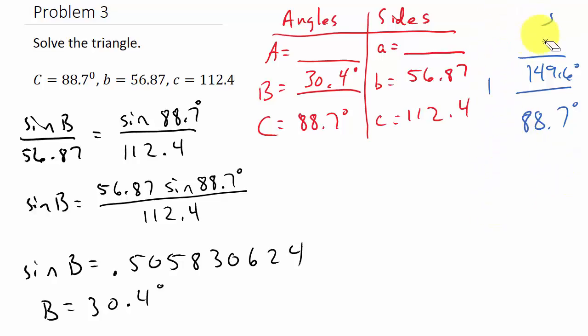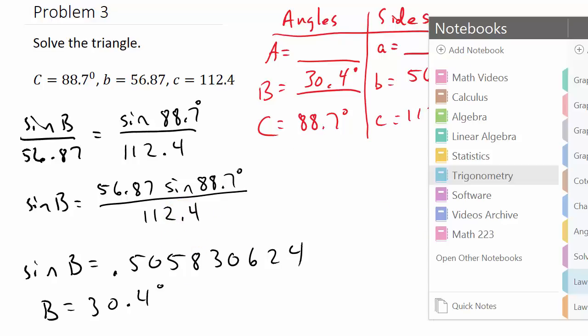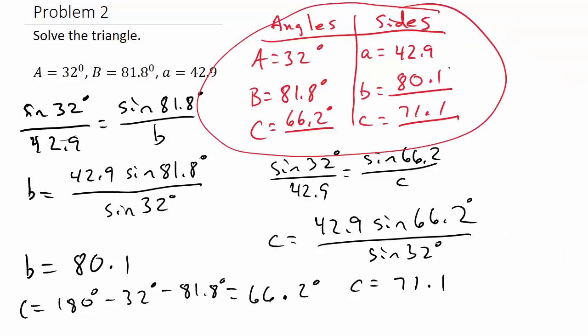All right, now let me talk about this for a second. We checked for the two triangles here. Now, if you watch the first part, notice in this problem we didn't check for two triangles. And the reason is because if you see this, we were given two angles.